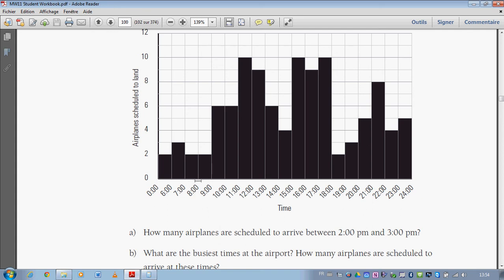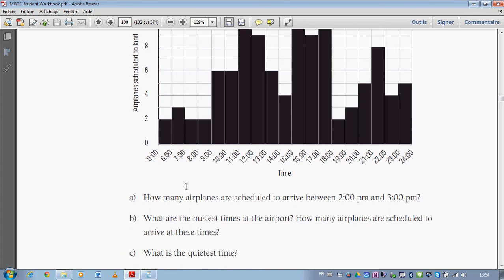From 7 to 8, you had 2 planes arriving. From 8 to 9, you had 2 planes arriving. However, from midnight to 6 a.m., you had 2 planes arriving over the course of 6 hours, as opposed to 2 planes over the course of 1 hour. So the quietest time would be from midnight to 6 a.m.